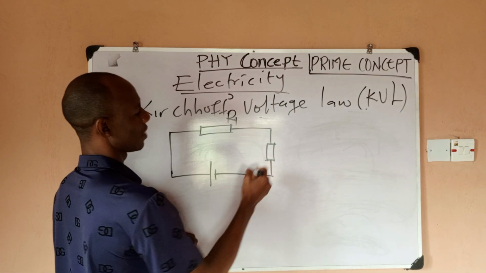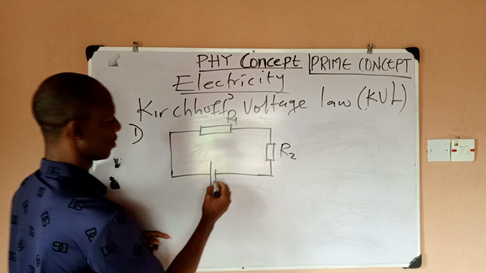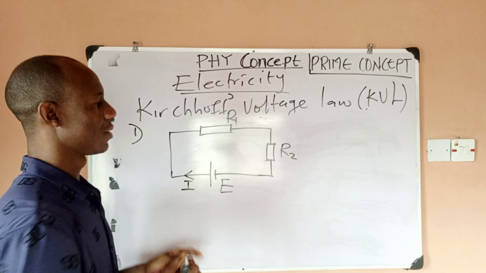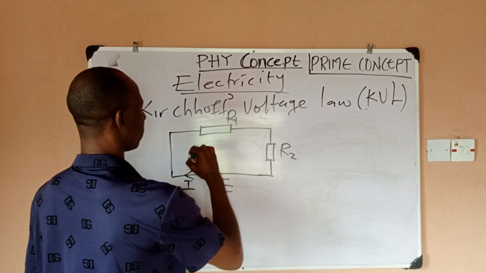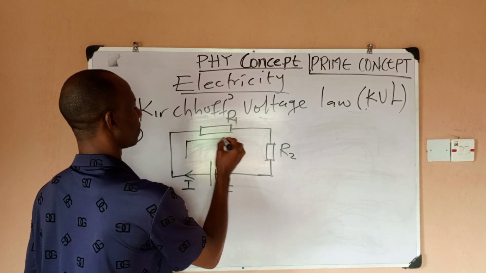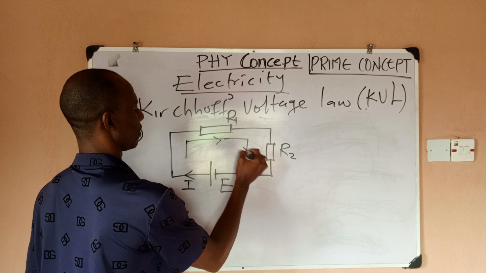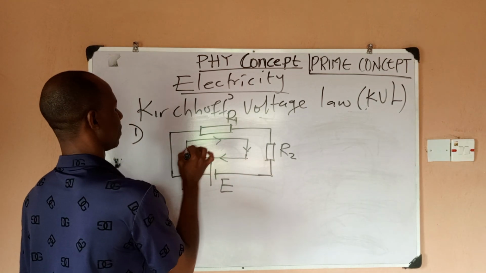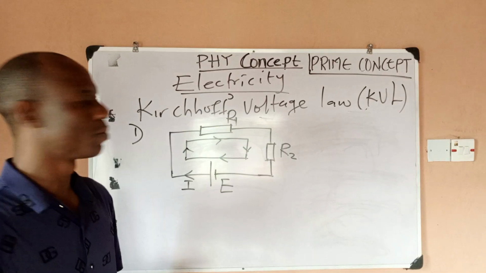Let's call this R1, call this R2, and this is E. Our current I is flowing. Now I'm going to give a loop direction. This is my loop. That is my loop direction.